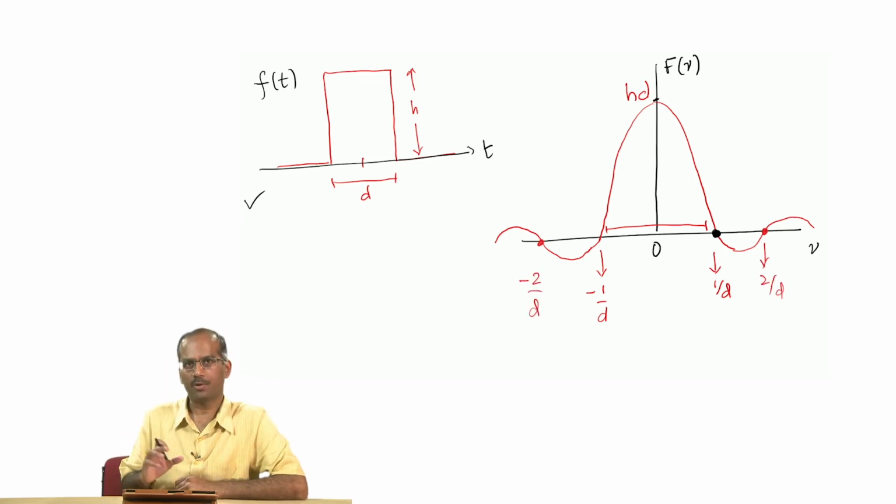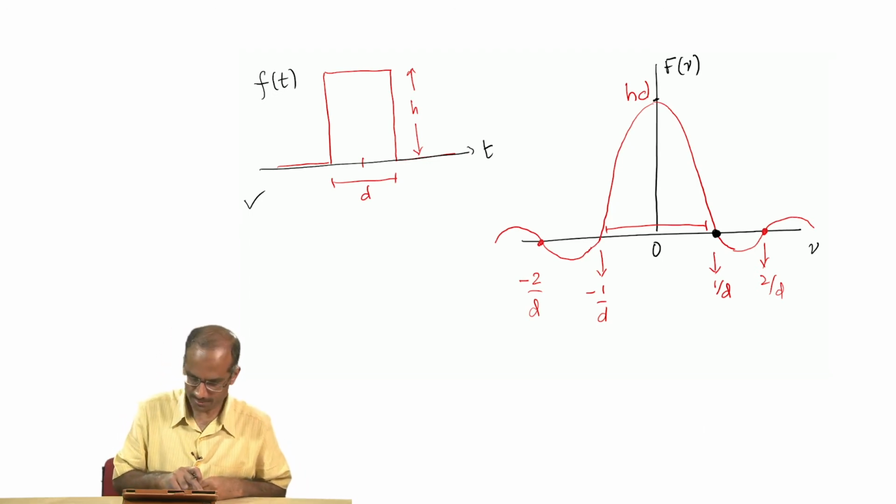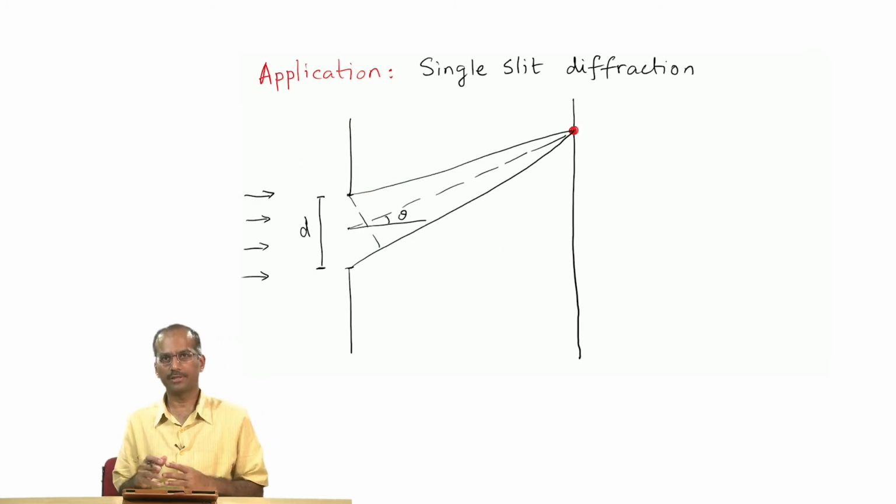Let me now mention one physical application of this Fourier transform of a slit function. The application is the single slit diffraction. We will probably see it in little more detail in subsequent weeks, but let me just mention how Fourier transform is used here.